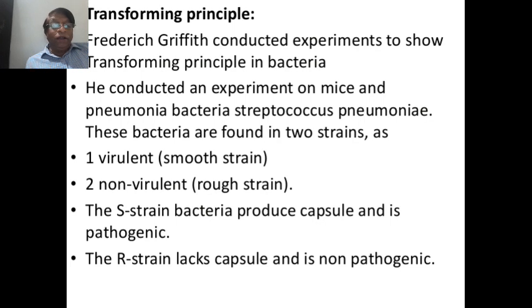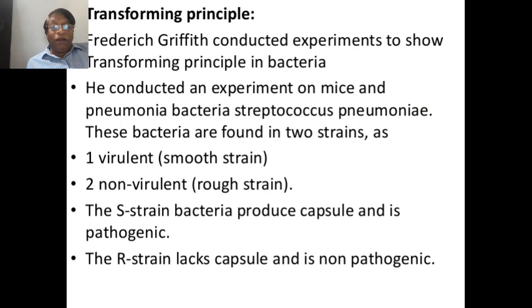The shining nature is because of the outer coat or the capsule, a polysaccharide. So this type is called S strain. It is a virulent strain, or pathogenic in nature.